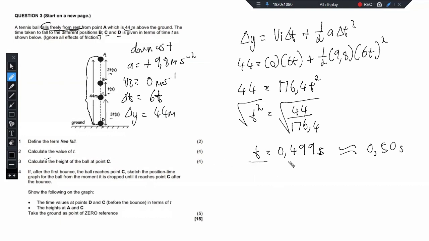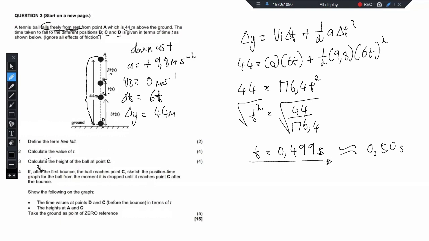But let's keep it this way, 0.499 seconds. Okay, so now that I have t, I can get the time it takes to move from point A to point B, because this will simply be 2 multiplied by t, and the time in between is just a value, 0.499 seconds. And if I'm interested in the time between C to D, I can simply say 3 multiplied by 0.499.